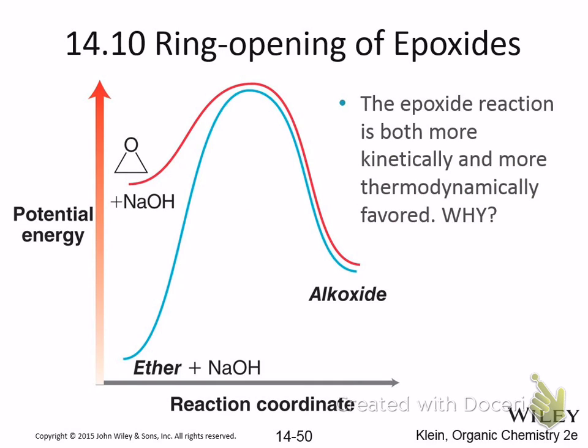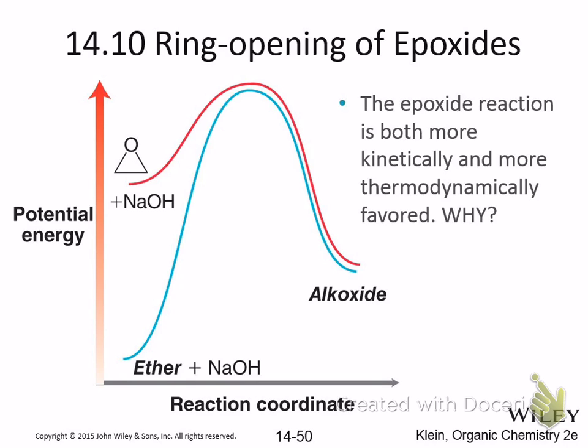The reason for how fast the reaction is: ethers are very stable to sodium hydroxide. Epoxides are very unstable to sodium hydroxide. They essentially have the same transition state, a breaking of a bond, but the epoxides start at much higher energy.